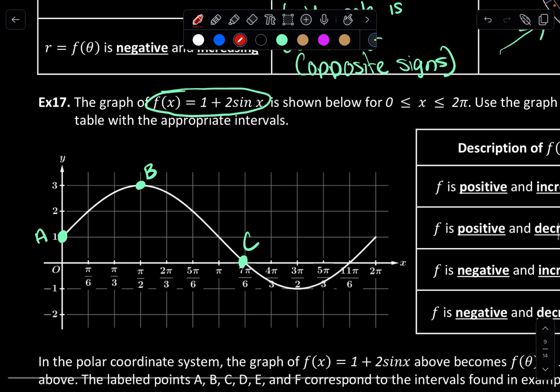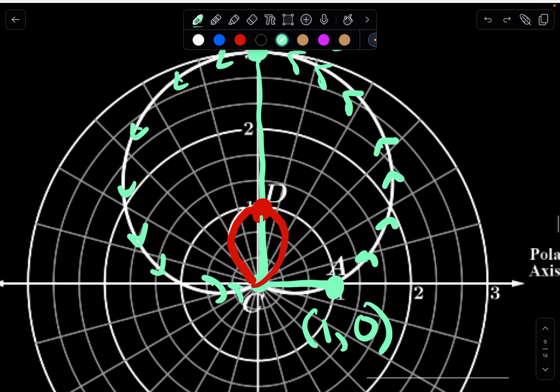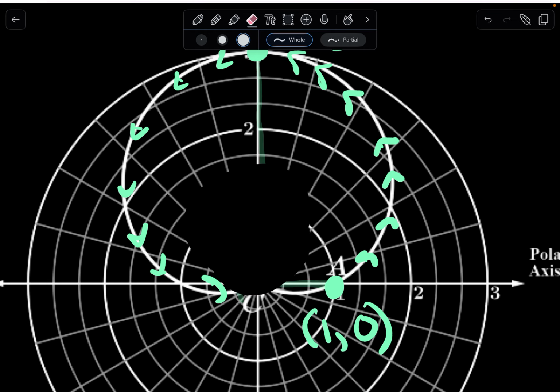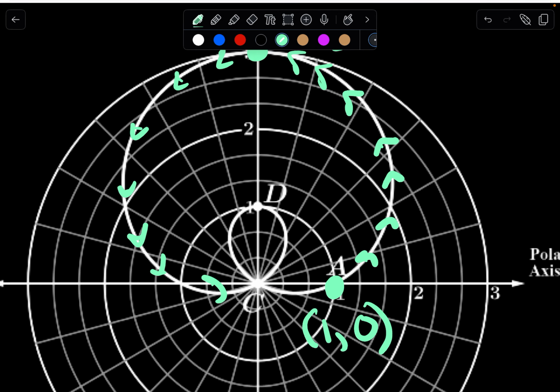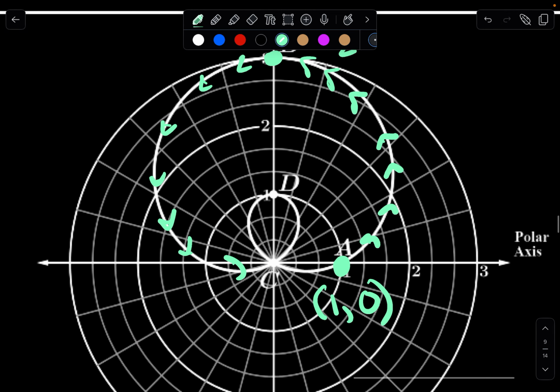So at 3 pi over 2, this is going to be point D, and it has a radius of -1, which, if I look at this inner loop, I can see that it does have a distance of 1 from the pole. So if I were to plot this, the radius is, what was it again? -1.